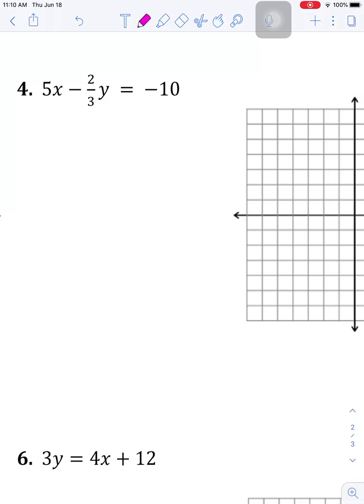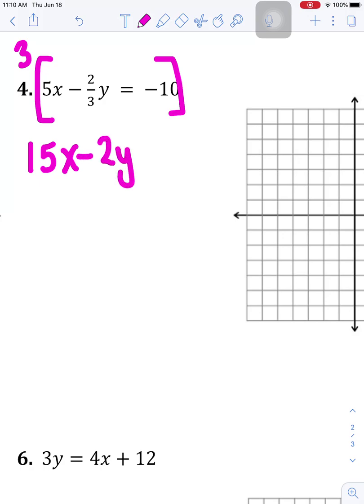So I'm going to try to clear this out. If you look at all of the terms, the common denominator is a 3. So I'm going to multiply everything through by 3 first. So that gives us 15x minus 2y equals negative 30. That now will not only eliminate the fraction, but it also keeps me from having to work with them.